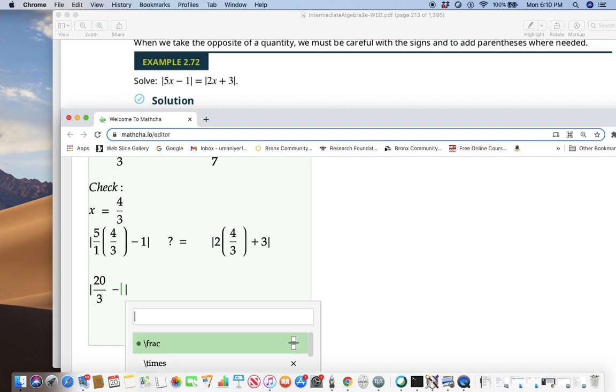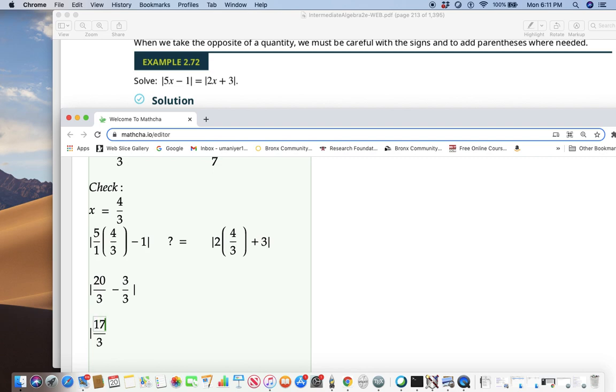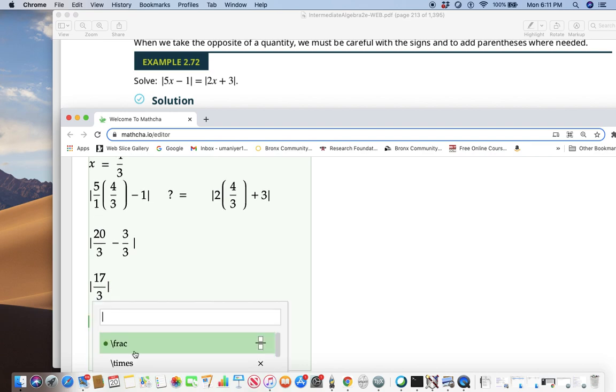So 1 becomes 3 over 3. Now I have a common denominator, so numerators you can subtract. 20 minus 3 is 17 over 3. Absolute value of 17 over 3 is 17 over 3. Alright, so that's the left hand side.